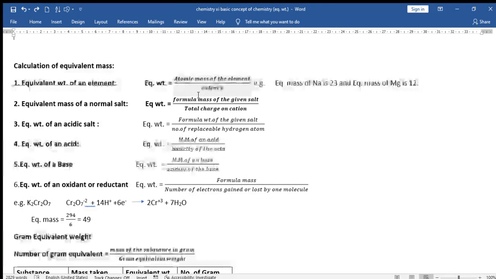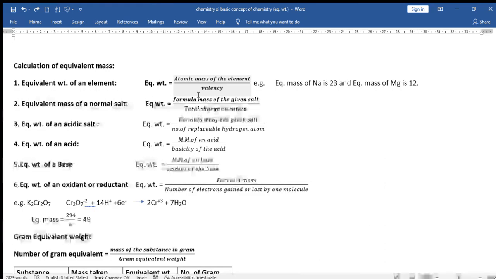So to find the equivalent weight of copper in a cuprous compound, we write the atomic mass of copper divided by 1. And for copper in a cupric compound, we write the atomic mass of copper divided by 2, because in cupric it has valency 2.